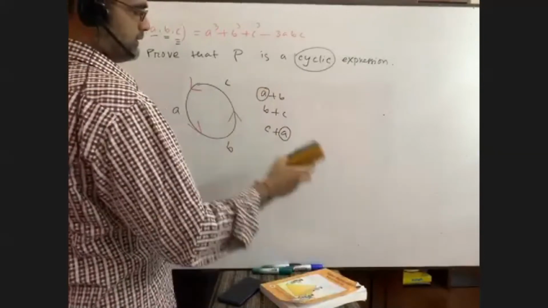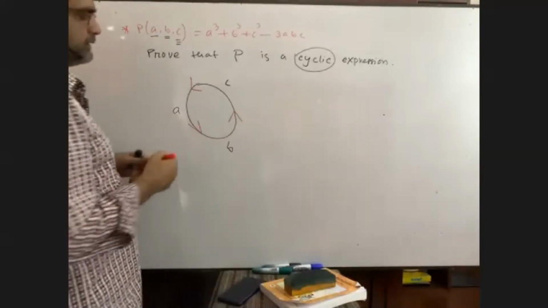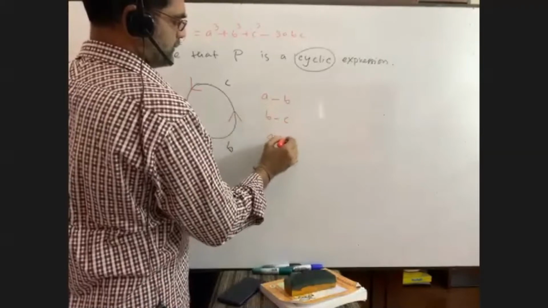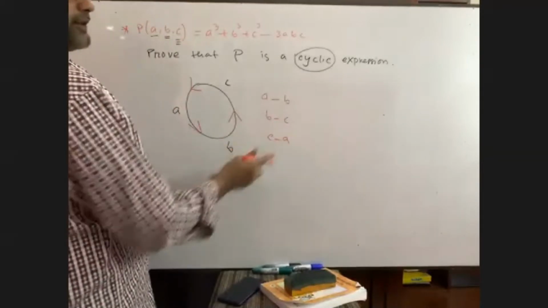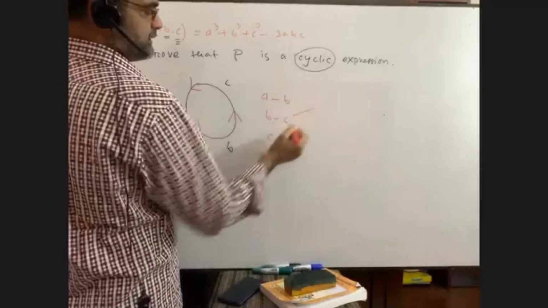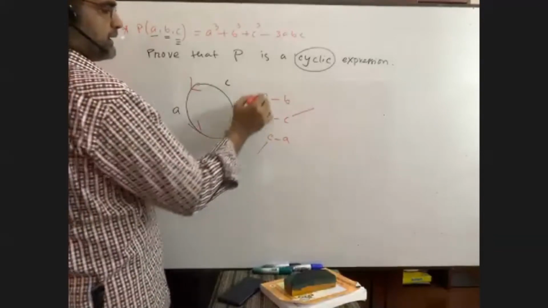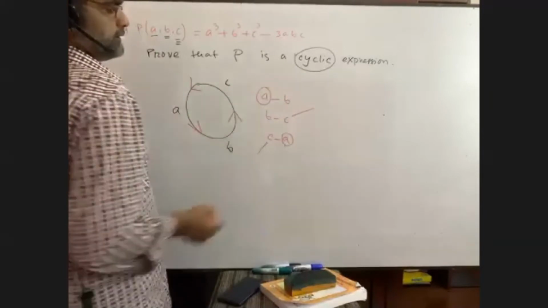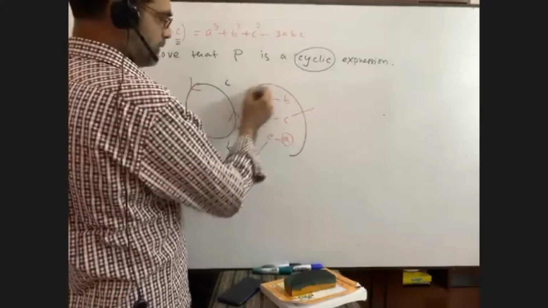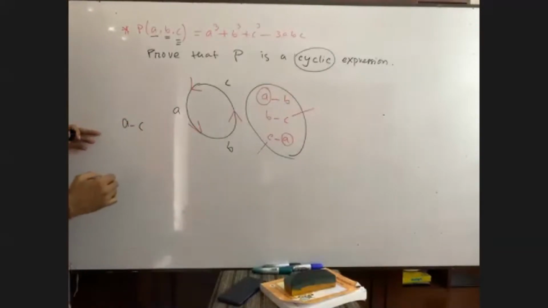We can also write here, if you don't get me, please talk to me, A minus B, B minus C, C minus A. Not A minus C. You see, it ends here with C, it starts with C. The interesting fact is that this is A, this is A. If anywhere we see that we have A minus C, then what will you do?